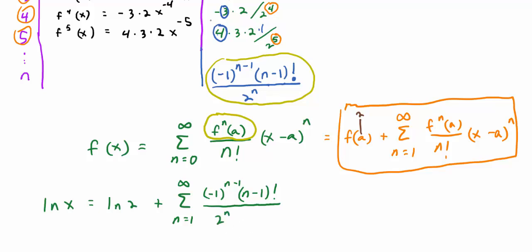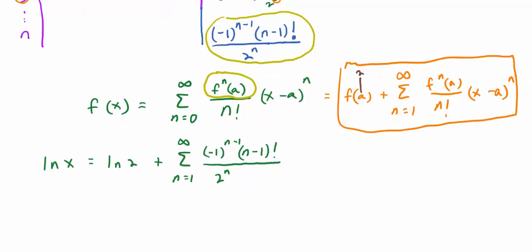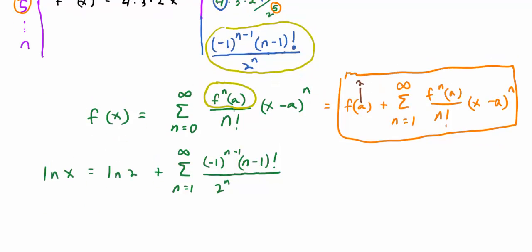I'll show it and then I'll erase it. If you look at the general formula, we're dividing the nth derivative evaluated at a by n factorial, right? Which would mean you divide this whole thing by n factorial. But if you think of it as n factorial over 1, you flip and multiply, you get that factor of n factorial down here and erase the rest of that stuff, right? So let me clean that up.